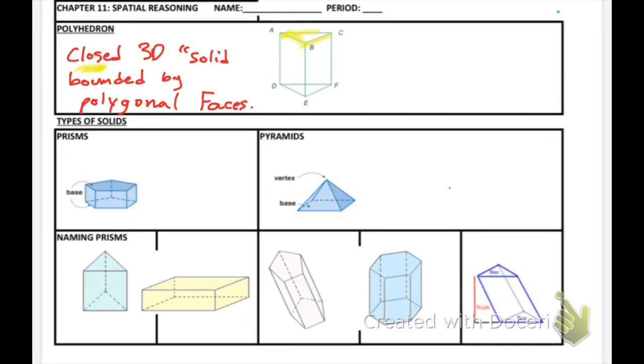So I'd have 1, 2, 3, 4, 5, 6, 7, 8, 9 different edges. Now for the vertices, if I want to name all the vertices, I have one here, 2, 3, 4, 5, 6 different vertices. That's just point A, point B, point C, point D, point E, point F.